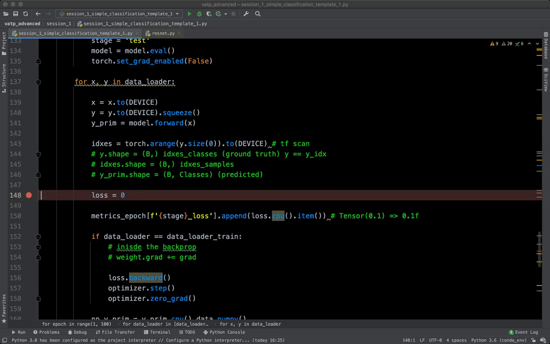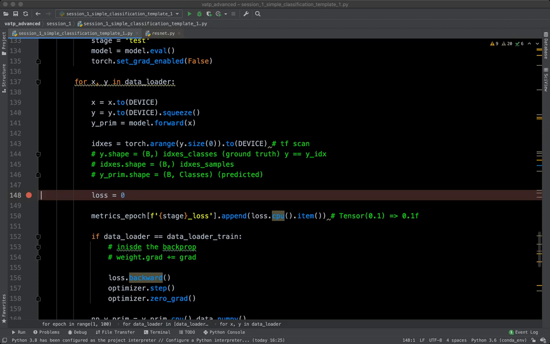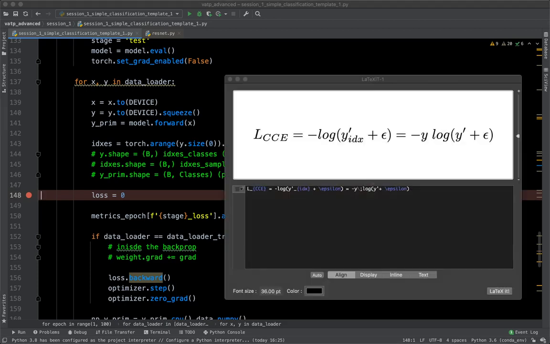I hope that's not my bad. I forgot one extra thing. The one extra thing that I forgot is that, of course, you cannot calculate this directly. You need to have the summation, right?